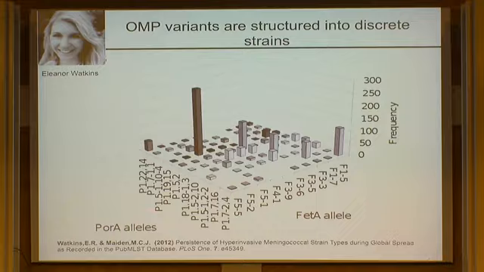But this is just looking at those porin alleles against a different outer membrane protein, the FET-A allele, which is also immunogenic. And there too you can see this non-overlap in the associations between the variants. So we are feeling, 20 years down the line, fairly comfortable that that theory is at least consistent with what we observe in the meningococcus.